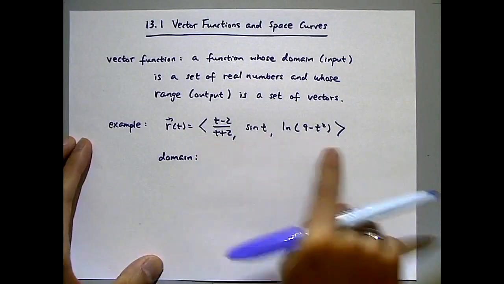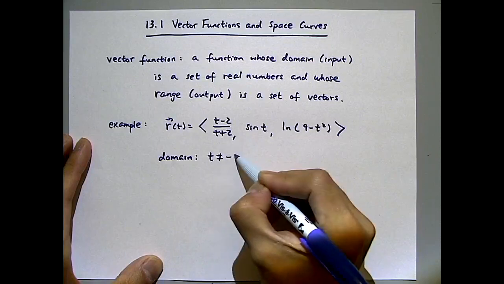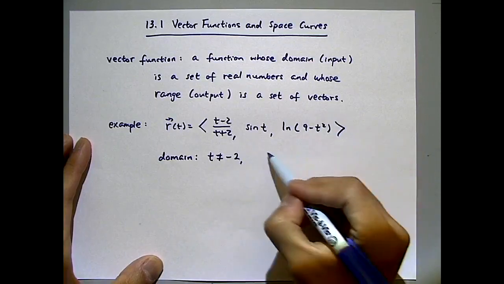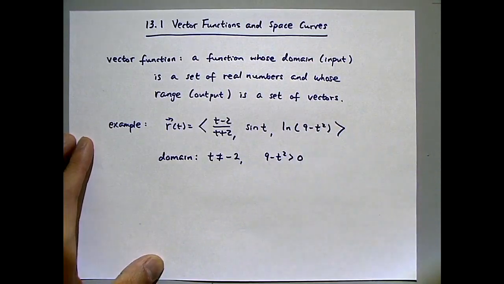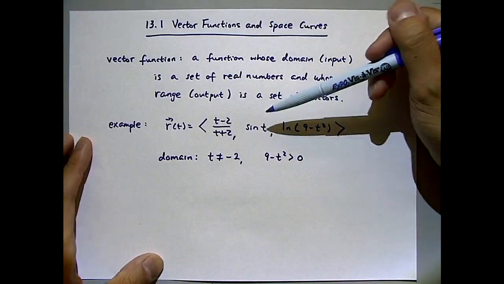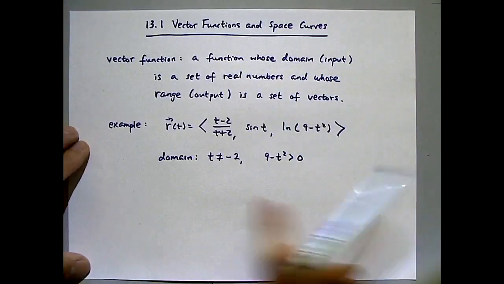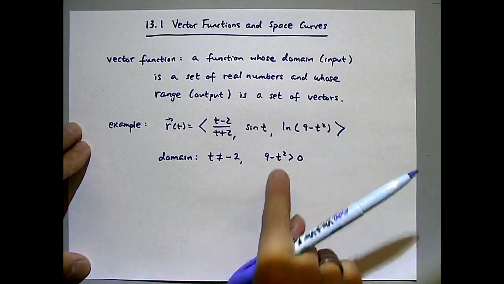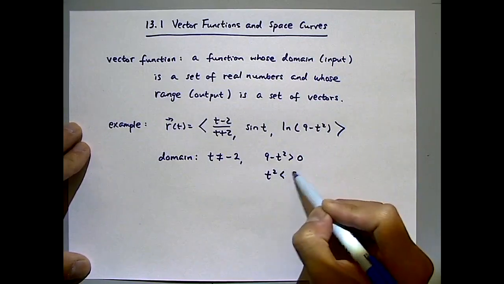So by inspection, we see that the domain is t not equal to negative 2. And also 9 minus t squared must be strictly greater than 0. There's no restriction on sine. We can put any real number into the function sine. So very quickly we can see that this means t squared must be less than 9.